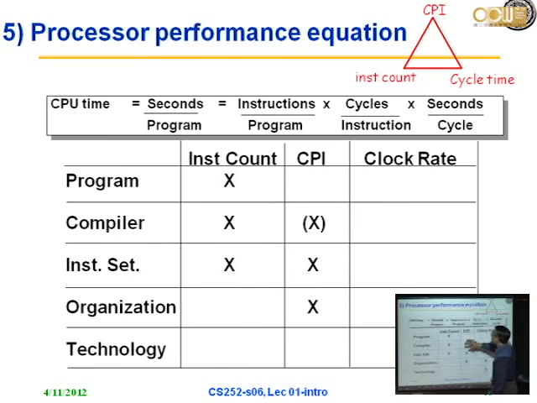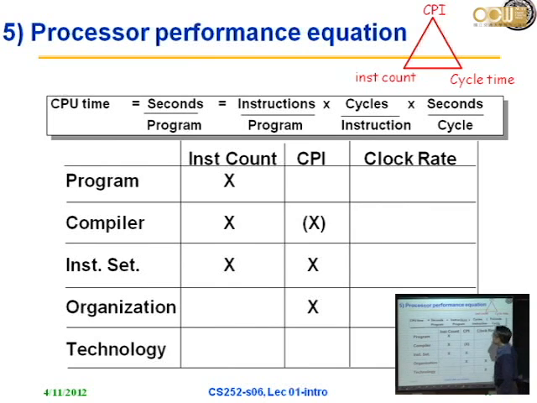Okay, so whenever you reduce one of these terms, the other two terms may become larger. So it's never an easy task to improve the processor performance.